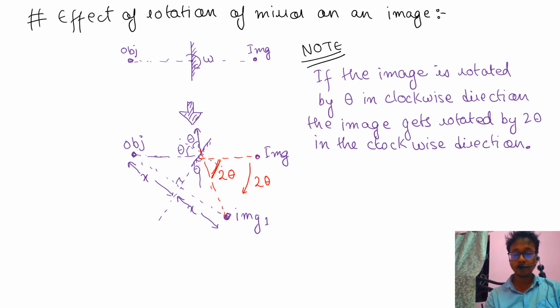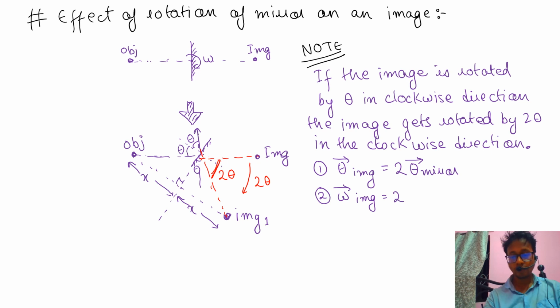So if I want to write the same thing in vector form, can I say theta of image, or angular displacement of image, is twice the angular displacement of mirror, or omega of image is equal to twice omega of mirror, or angular acceleration of image is equal to twice the angular acceleration of mirror.